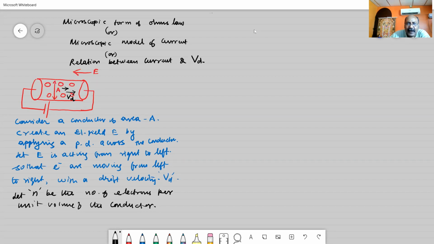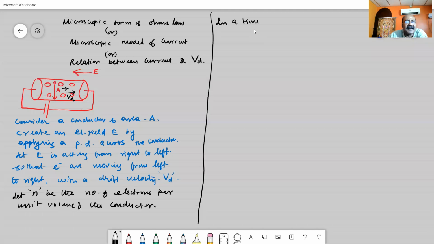Now what I have to calculate? See, the electrons are moving from left to right. In a small interval of time dt, how much distance are the electrons moving? In a time of dt seconds, the electrons are moving through a distance of dx.